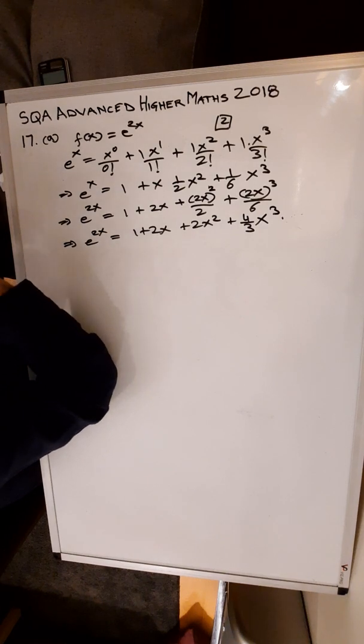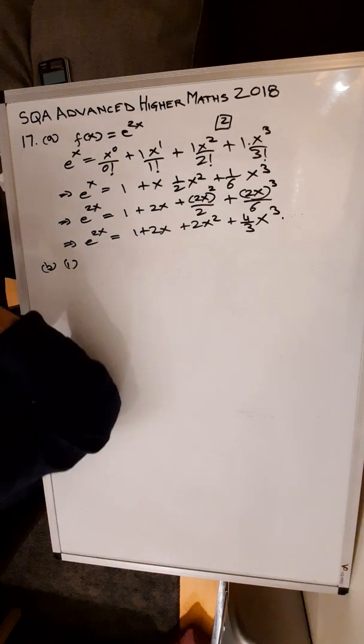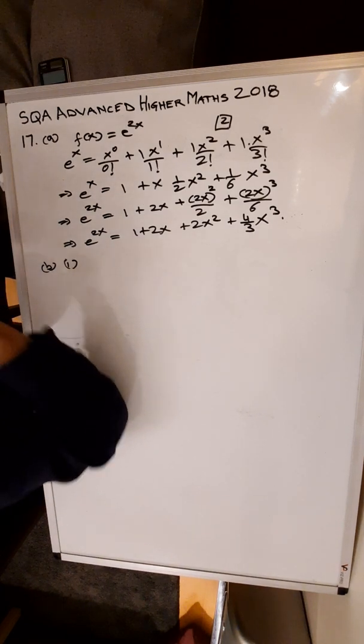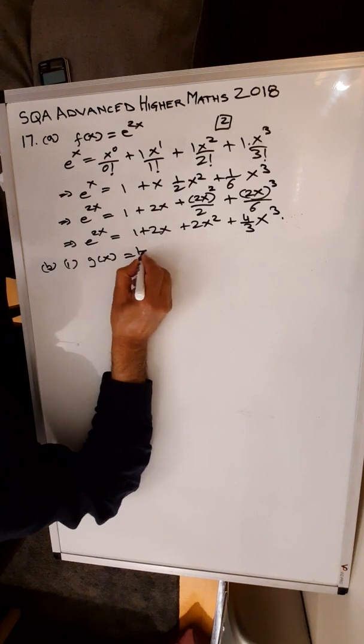And then for B, part 1. On a suitable domain, let g of x equal tan x.